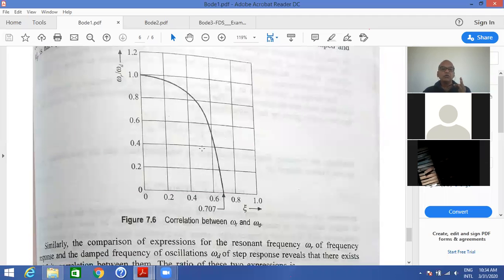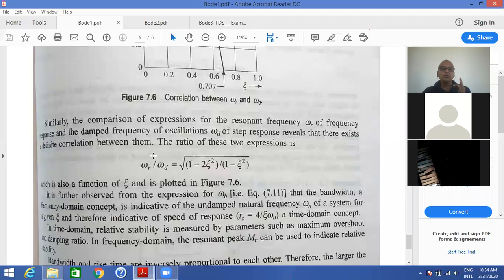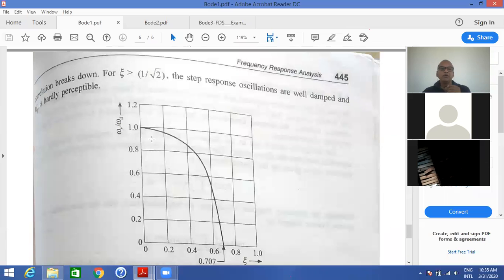If we take the ratio, that is ωr upon ωd, that is a correlation between the time and the frequency. The ratio of these two expressions is also a function of zeta. If you take the ratio of these both frequencies, the resonant frequency and the damped frequency, the ratio depends upon the value of zeta.